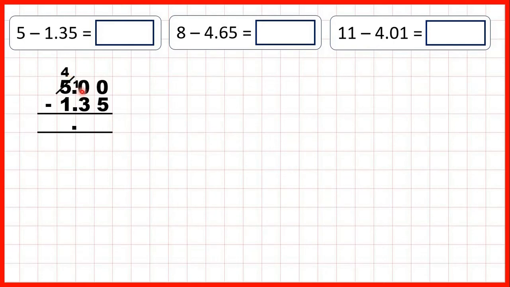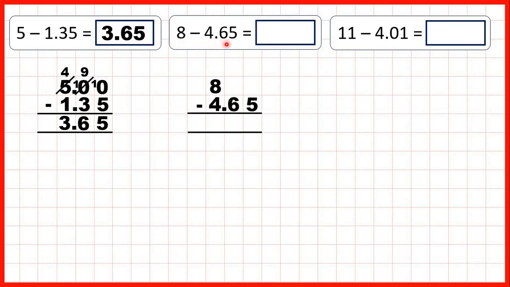So now we have 10 tenths, and we can exchange one of those tenths for 10 hundredths. So now 10 minus 5 is 5, 9 minus 3 is 6, and 4 minus 1 is 3. That gives us our answer 3.65.